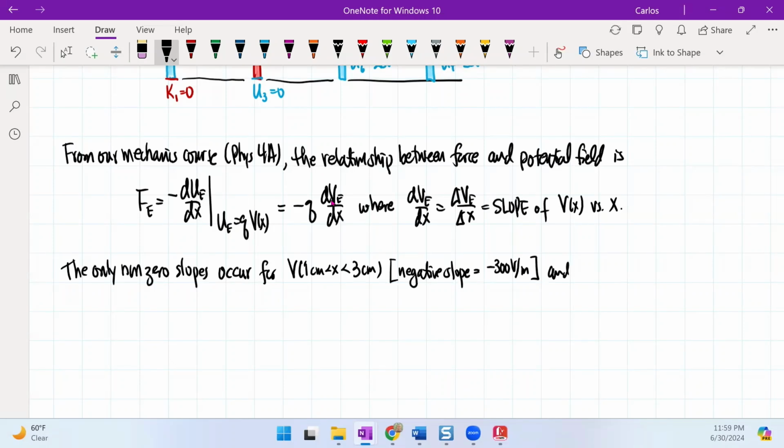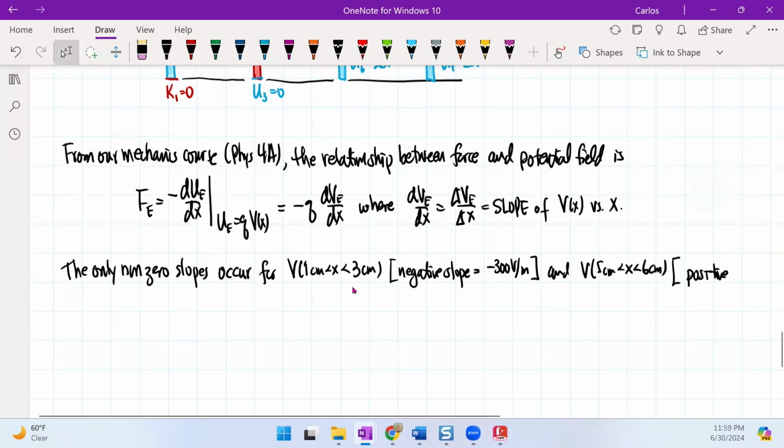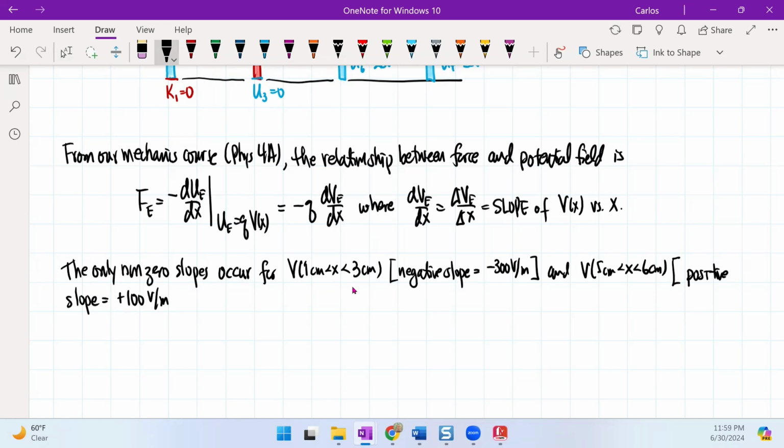And the voltage between 5 centimeters and 6 centimeters, we saw that that had a positive slope equal to 100 volts per meter.